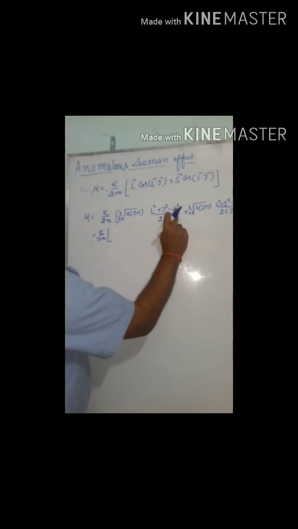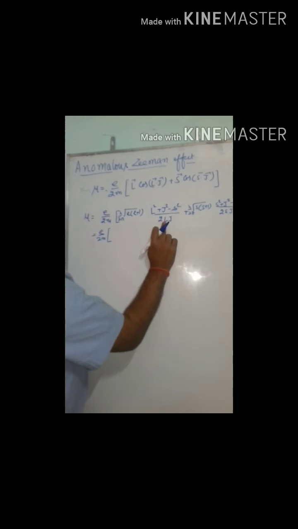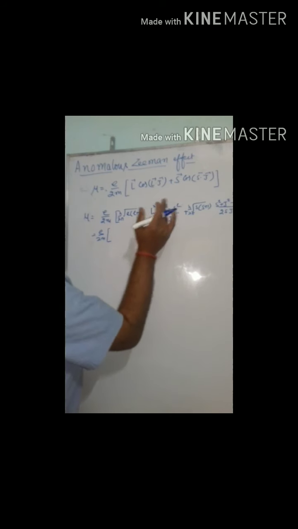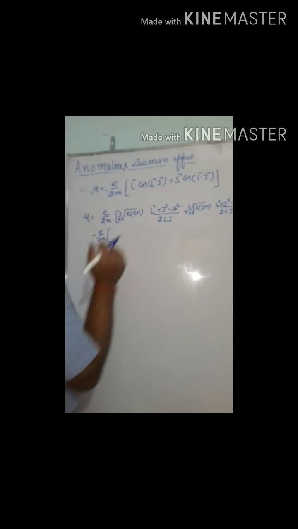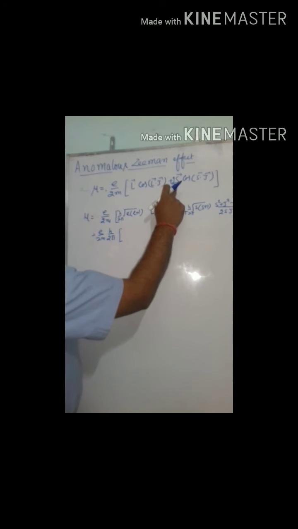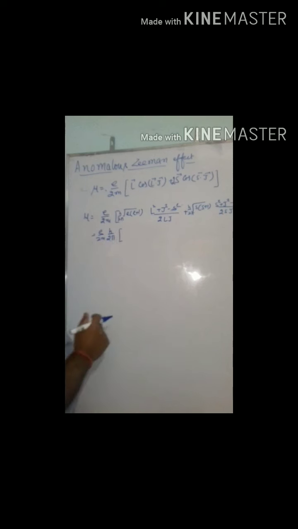If I take out h square upon 4 pi square, that gets cancelled, or I can take h upon 2 pi as common. Here it would be L cos LJ plus 2 into S cos SJ, right?